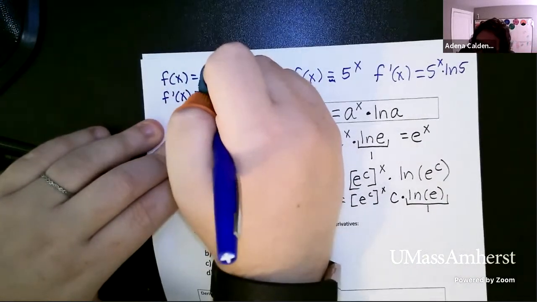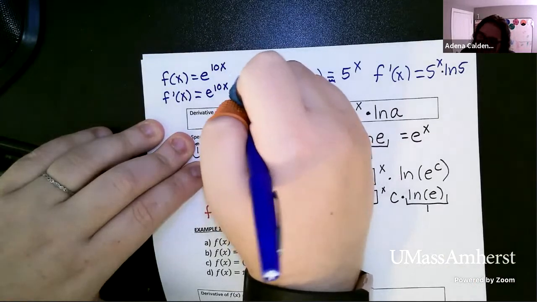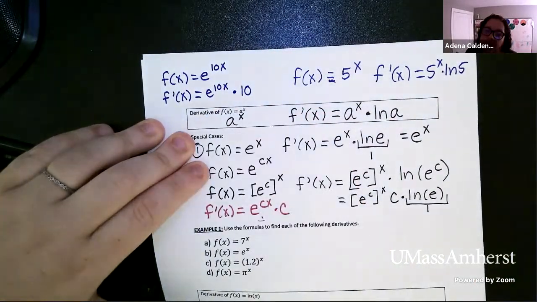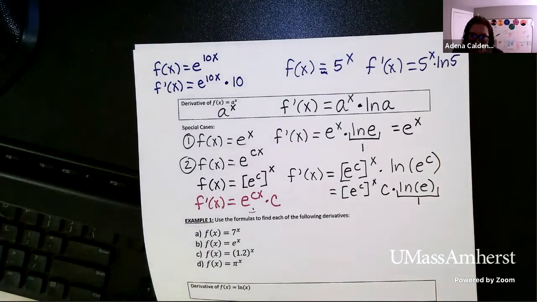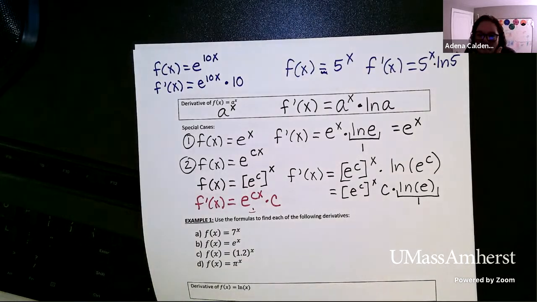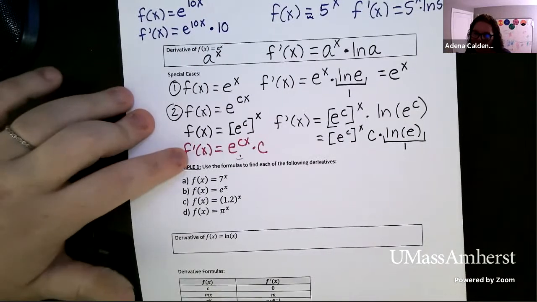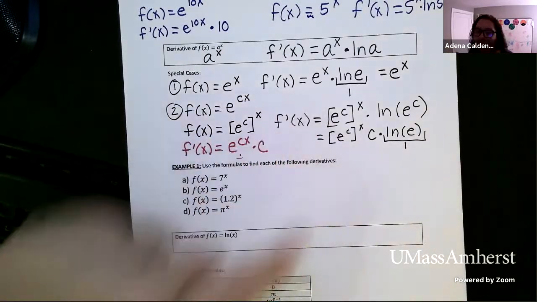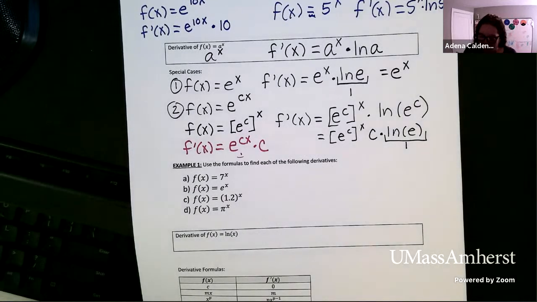So I get the same thing back, e to the 10x, times the number that's up in the power, so times 10. So we did this algebraically. We will also see how to do this with another method later on in this course, but for now, that's how we're going to think about why this is true, because it is true if you use all the algebra to show it's true.